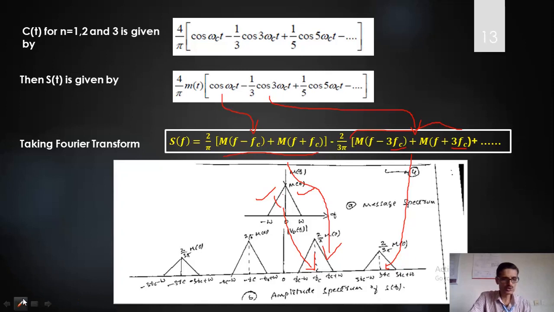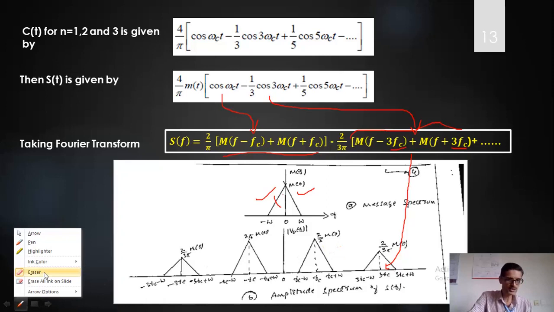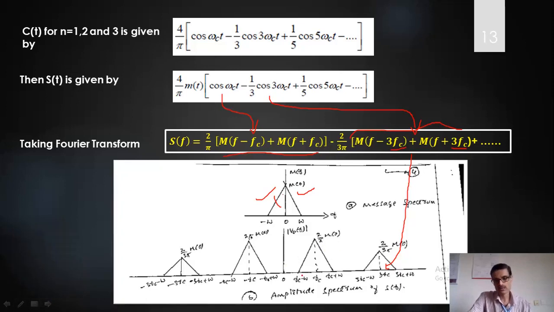Because I am interested only in the lower sideband and upper sideband centered around fc, in my circuit I also have a tuning circuit where I select only the lower sideband and upper sideband. So I design a band pass filter which has a frequency response something like this. I pass this S of f component through that band pass filter with this narrow response.